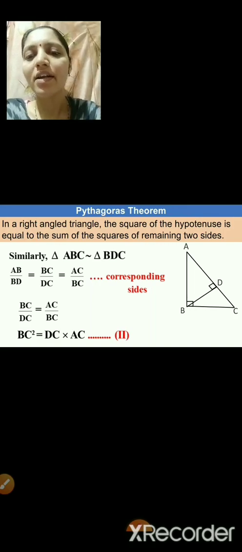Reason again is corresponding sides of similar triangles. Here also you have to consider these two ratios. BC upon DC is equal to AC upon BC. If you cross multiply here, you will get BC square is equal to DC into AC. Mark this equation as equation 2.